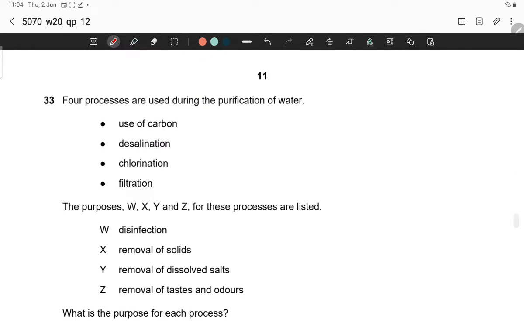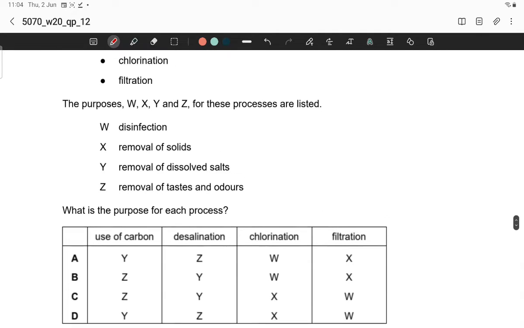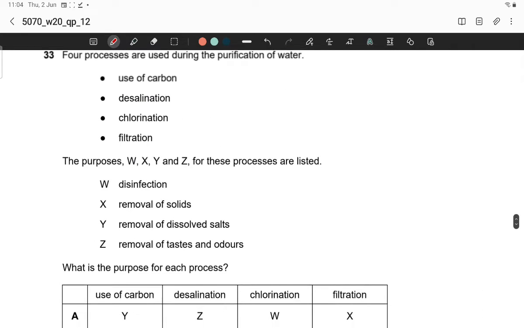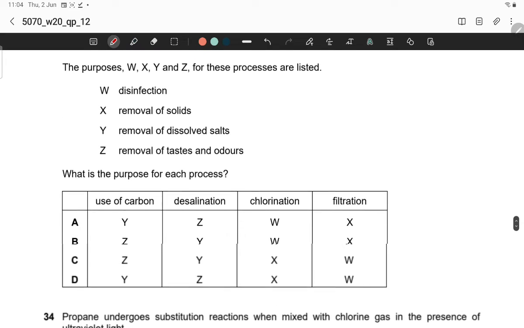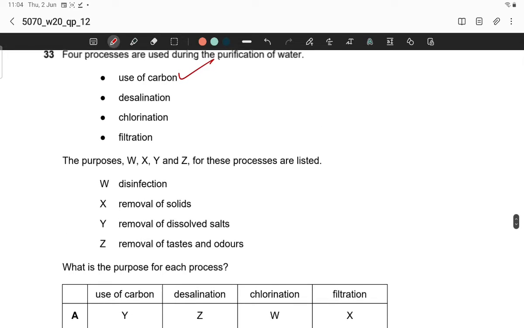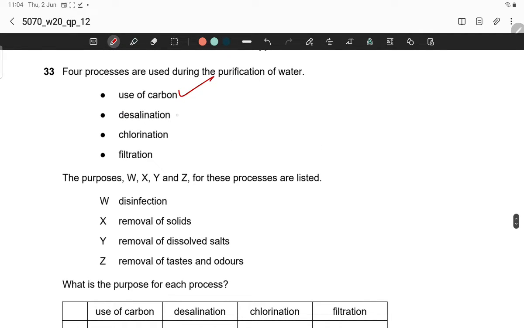Four processes are used during the purification of water. Use of carbon to remove taste and odor. Desalination, removal of dissolved salts, can also be used and is one of the purification methods.